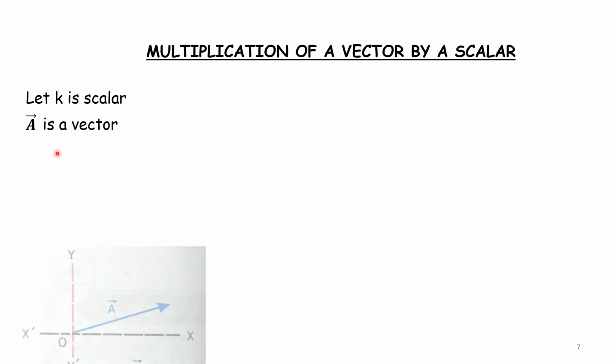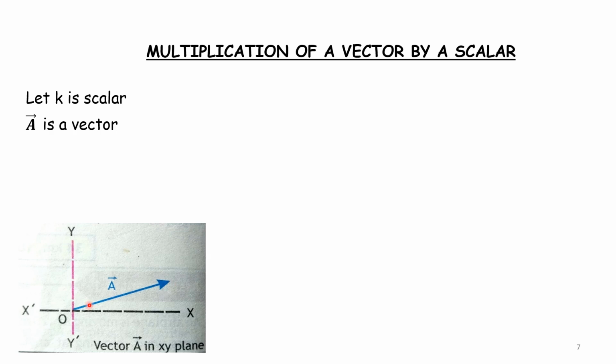Multiplication of a vector by a scalar. It means that I want to multiply a vector by a scalar quantity. Consider a scalar, meaning a number, denoted by k, and a vector denoted by A. As you can see in this diagram, this is a vector A having some magnitude and direction between the x and y axis, and this vector A is in the xy plane.